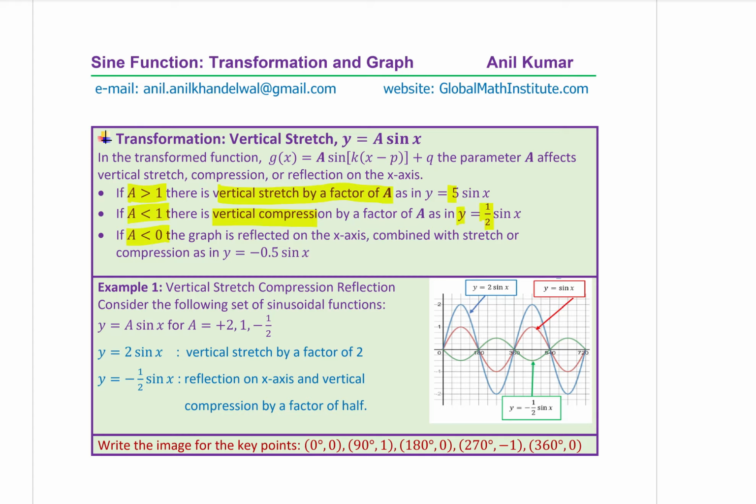If a is negative, the graph is reflected on the x-axis combined with the stretch or compression, as in y equals -0.5 sin x. So if a is negative, what really happens is that the graph, which is shown here in red for sine x, right, it actually will now be reflected.